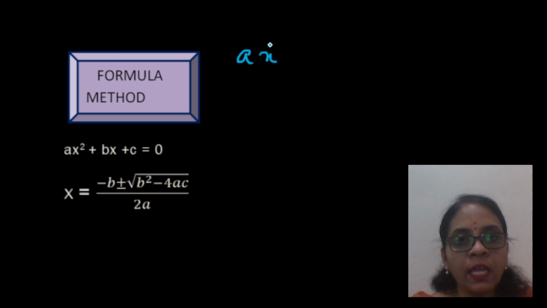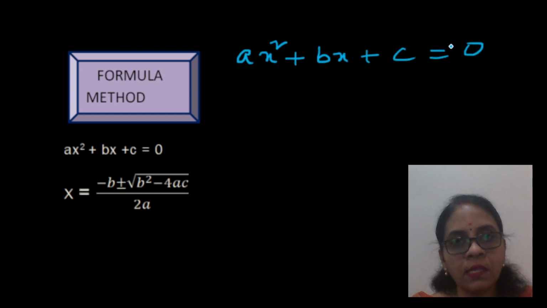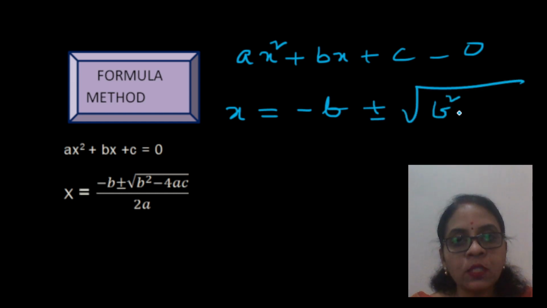So if you have any quadratic equation as ax square plus bx plus c is equal to 0, you can get the roots of the equation using the formula, very very important children, x is equal to minus b plus or minus root over b square minus 4ac by 2a.